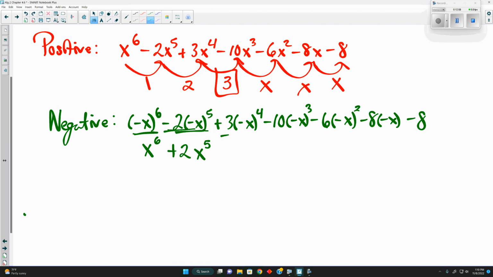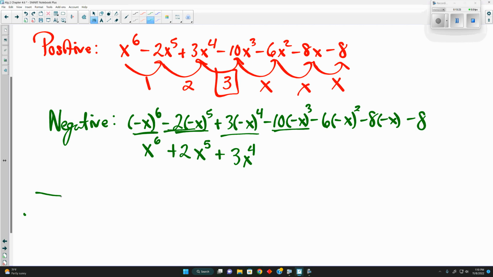Now, if we look at the next one, we'll still have 3 and x to the 4th, but since the power is even, the sign's going to stay the same. Since it was positive, it's going to stay positive. Questions on this here?